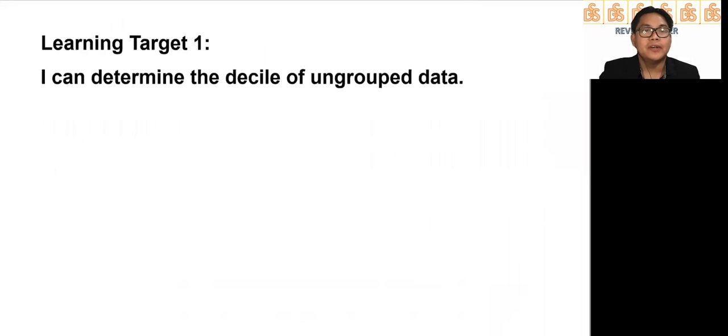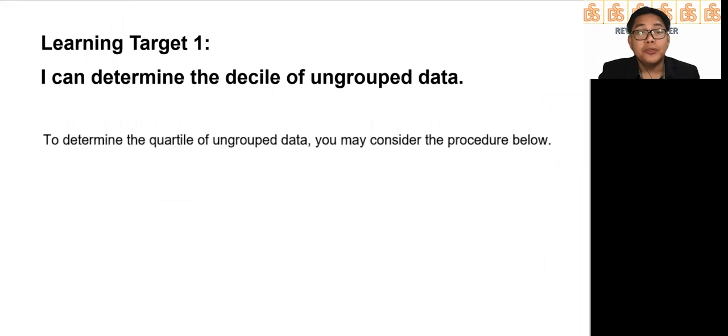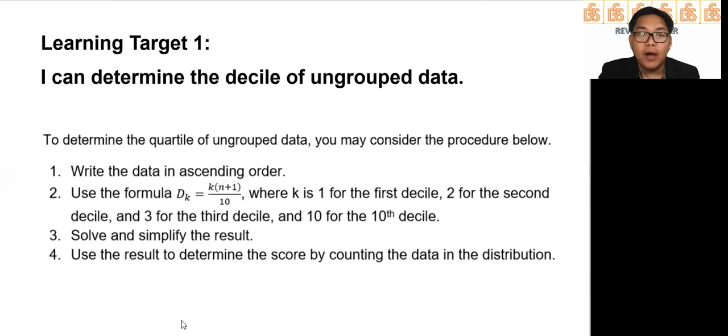For your learning target for today, I can determine the decile of ungrouped data. To determine the decile of ungrouped data, you may consider the procedure below. Number 1, write the data in ascending order. Use the formula. Instead of Q, we use D sub K, where K represents the first decile, second decile, and so forth up to the 10th decile.